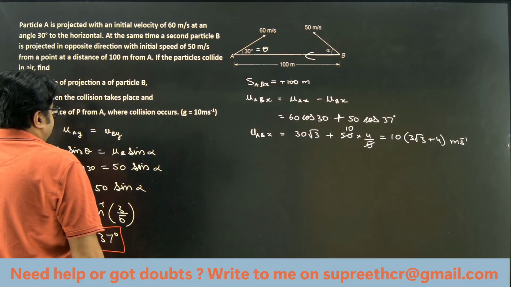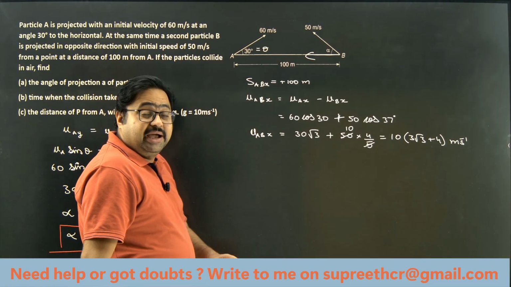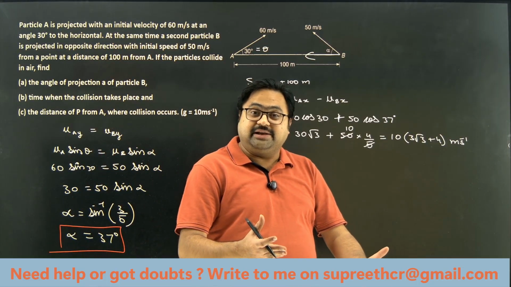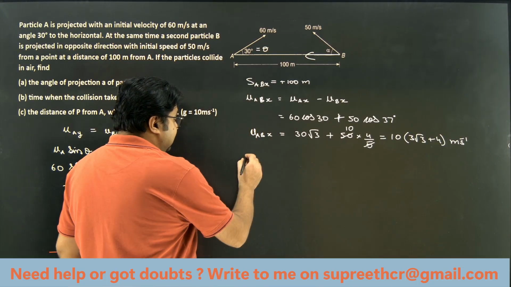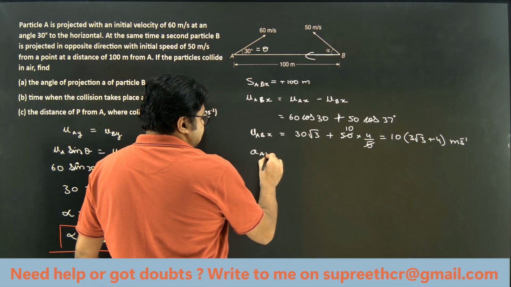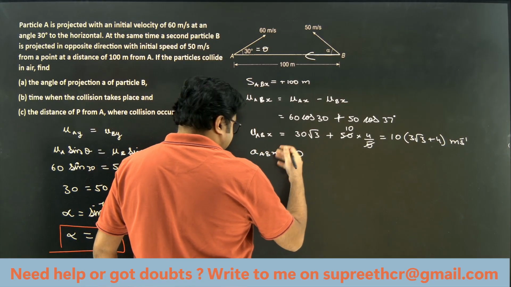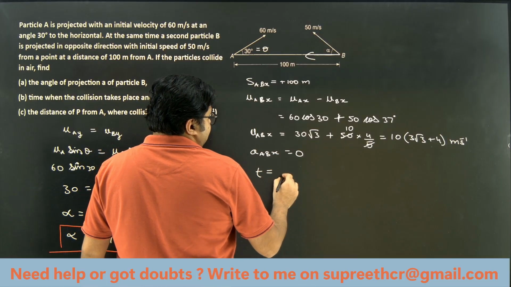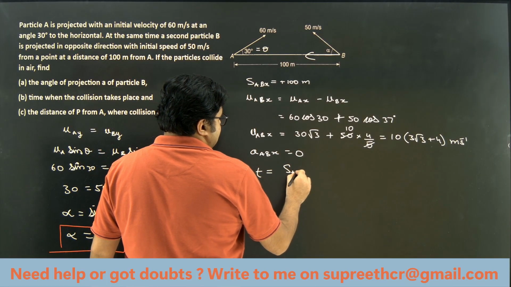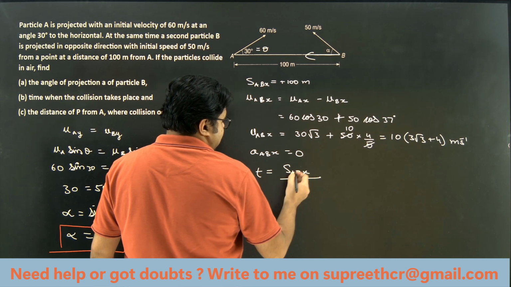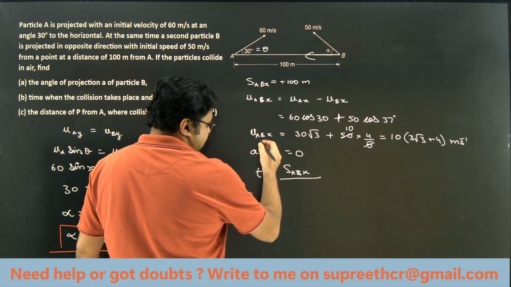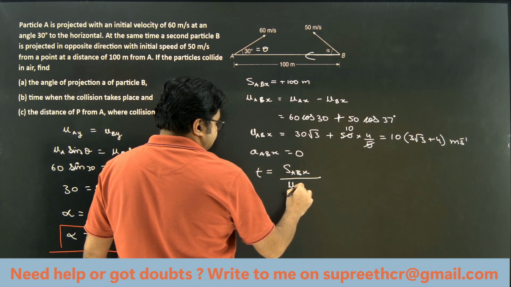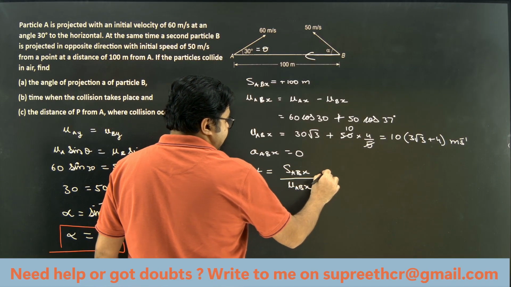And now we have to find time. I just told you that they are not accelerating along the x direction. So the acceleration of A as seen by B in the x direction is anyway 0, and we will be finding time. Now time would simply be total displacement as seen by B divided by the relative velocity of A as seen by B in the x direction.